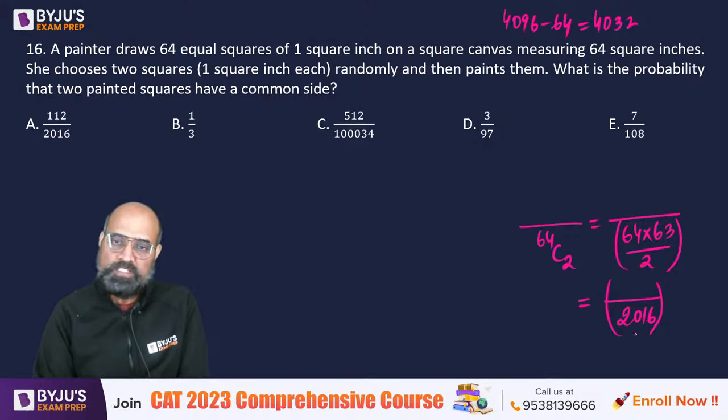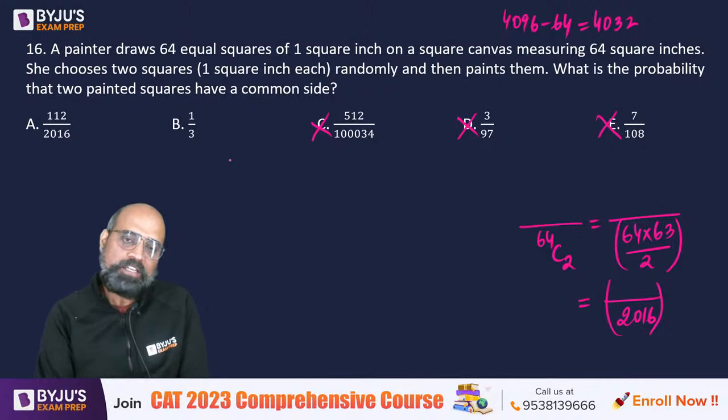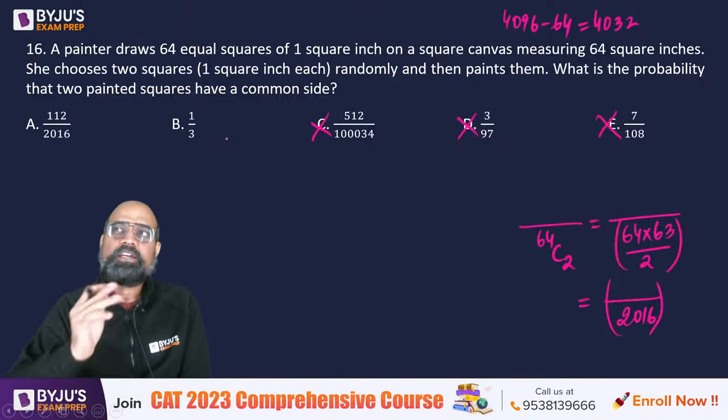Now 2016, can it come down to 108? I doubt. नहीं बनेगा. Can it become 97? 97 is a prime number. 2016 is not a prime number. It will not increase, of course. Can 2016 become 1 by 3? Now think about this. If you have a chessboard, this is a chessboard, right?